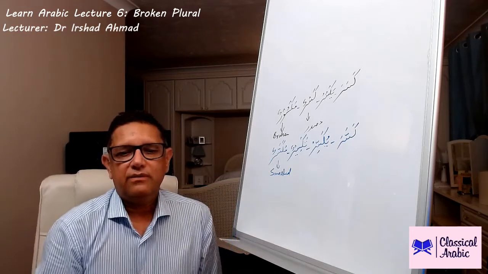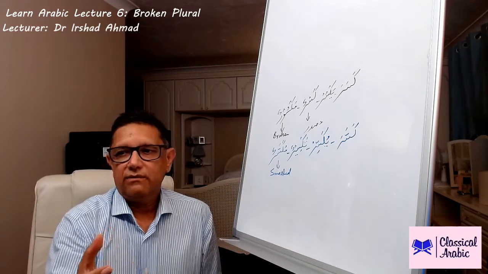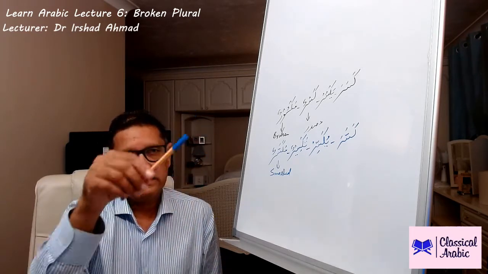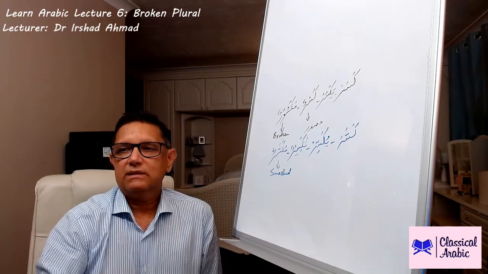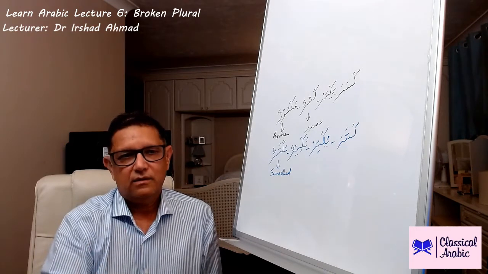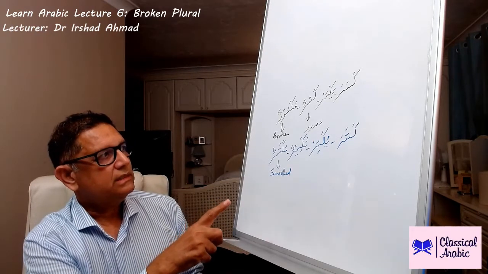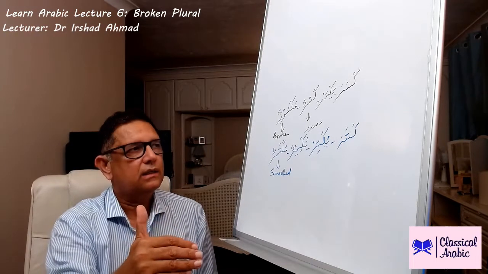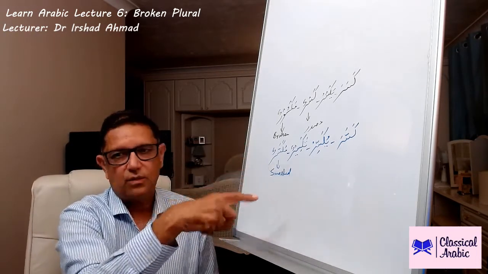For example, if a glass is broken, we will still be able to recognize that as a glass, because there may be a few lines of breakage in it, but it will be kind of intact. But when the same glass is smashed, it is difficult to recognize those pieces as glass. So in jama mukassar, basically we cannot identify clearly the singular word in that mukassar word.